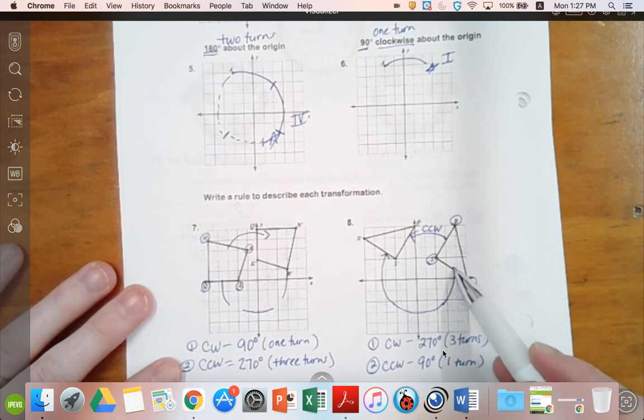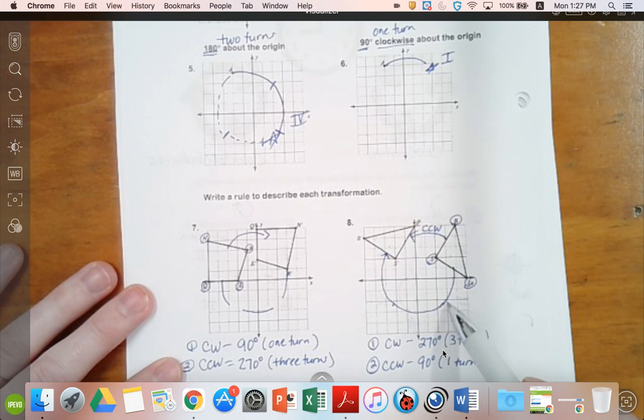So clockwise, I did 1, 2, 3. So I went 1 quadrant, 2 quadrants, 3 quadrants, so that makes 3 turns, 270. Counterclockwise means I went from this quadrant to this one. That's 1 turn, 90 degrees.